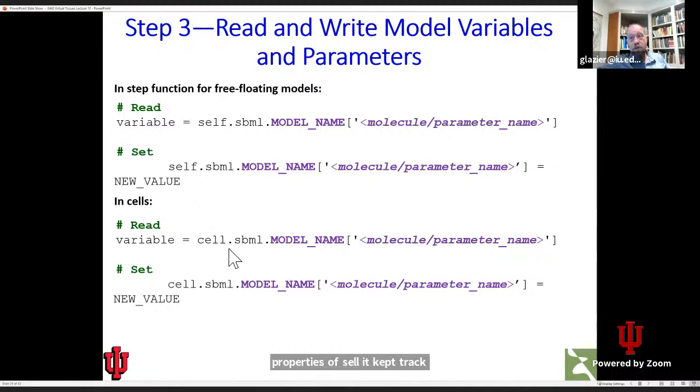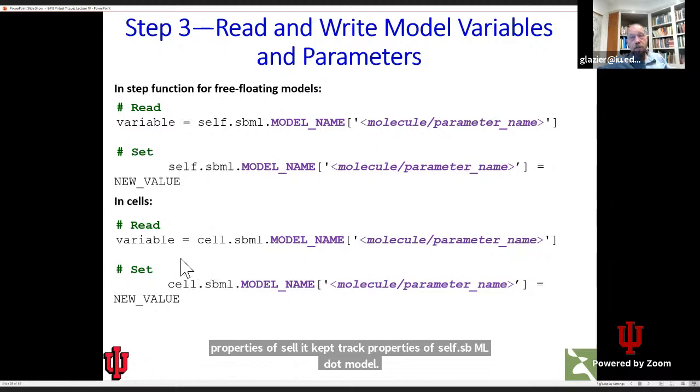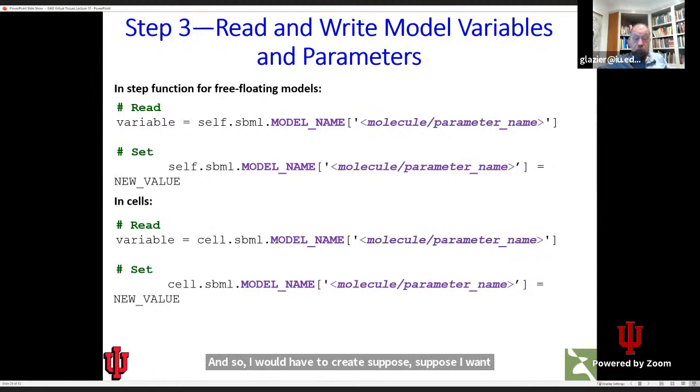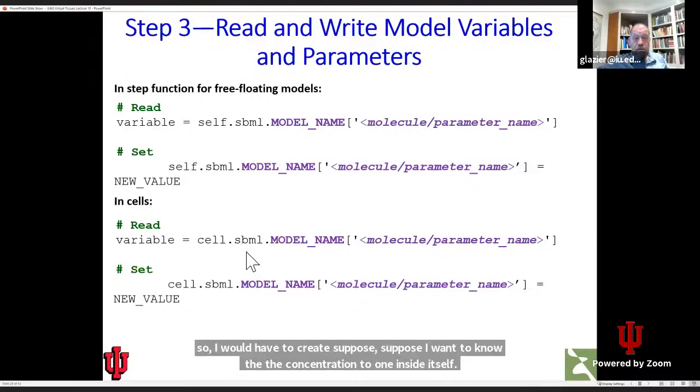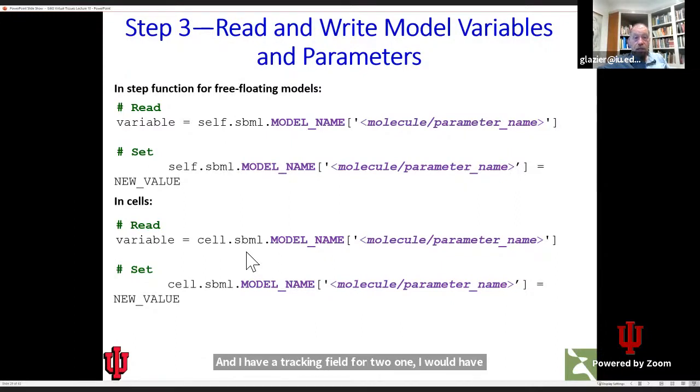It can't track properties of cell.sbml.model. Suppose I want to know the concentration T1 inside each cell, and I have a tracking field for T1. I would have to say cell.dict square bracket quote T1 close square bracket equals cell.sbml.model name square bracket T1. So that's the one time I have to actually copy things explicitly in and out for tracking.